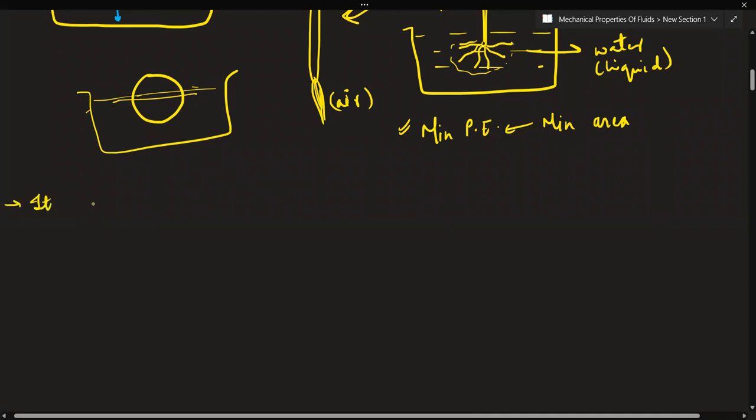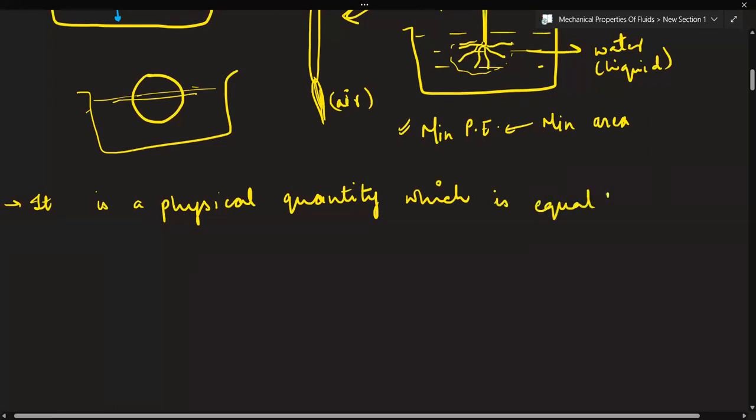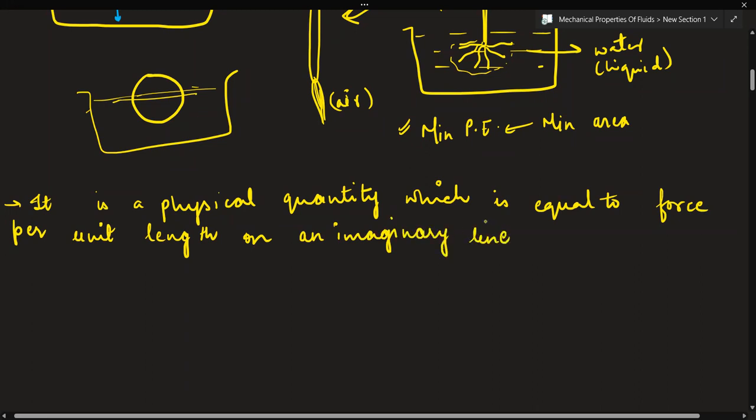Now, calculation of surface tension: how do we calculate it? It is a physical quantity which is equal to force per unit length on an imaginary line drawn on the free surface of the liquid.